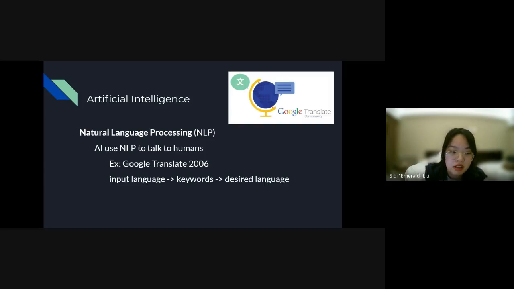For example, in Google Translate, it first converts language A, the input language, to keywords in NLP, and then using the NLP, converts it to the desired language, allowing people to speak different languages and to communicate directly with each other without learning each other's languages.